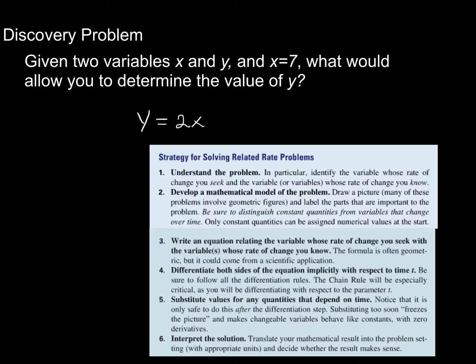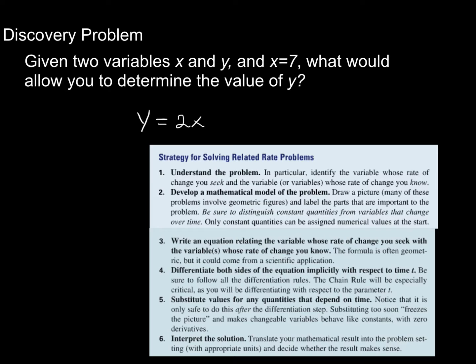Okay, so here are the 6 steps that we've worked through for solving related rates problems, and the basic principles of the strategy we just discussed, which are we need to create a mathematical model which relates the rates of change which we know and the ones we're trying to find.